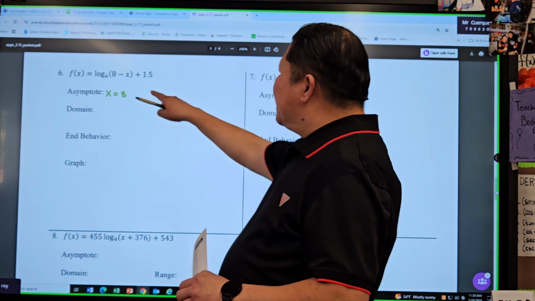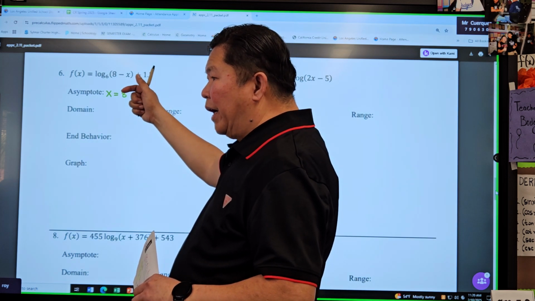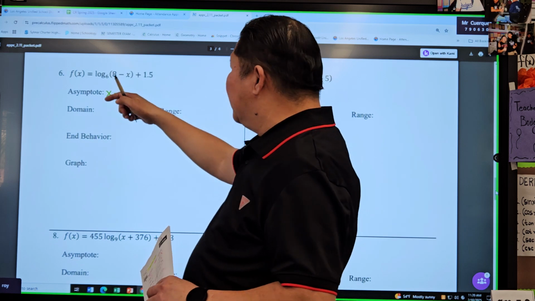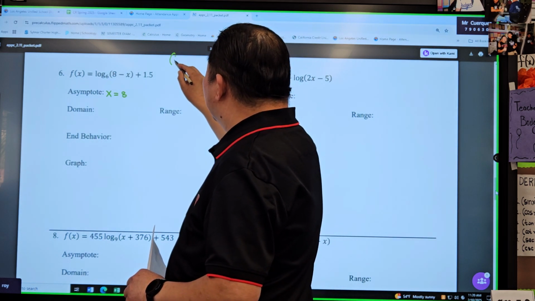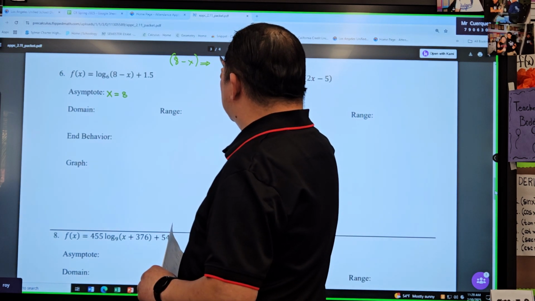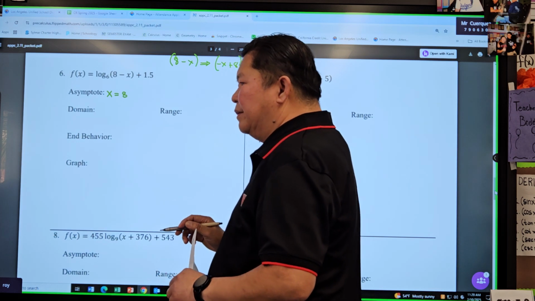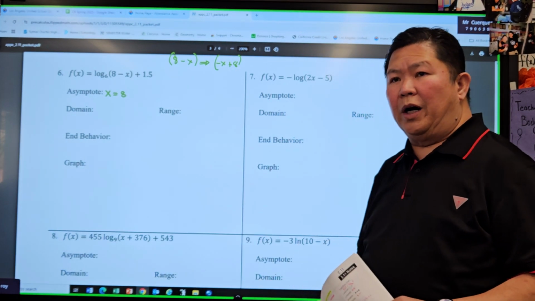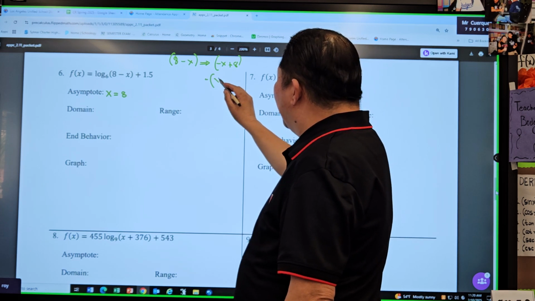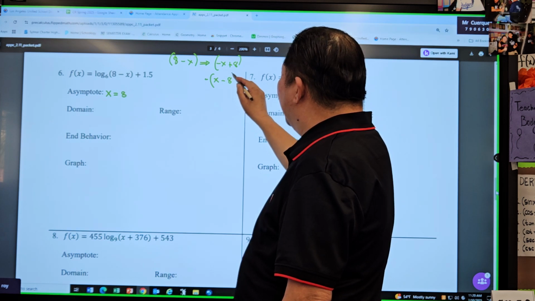Once it is written this way, what do we do? Rewrite, because we need to have a reflection. We can rewrite 8 minus x as negative x plus 8. But we want x to be positive, so we factor out the negative, and then this must be minus 8.